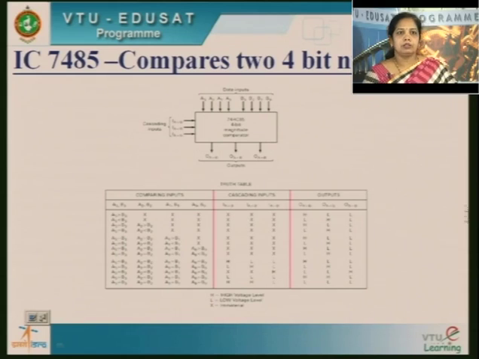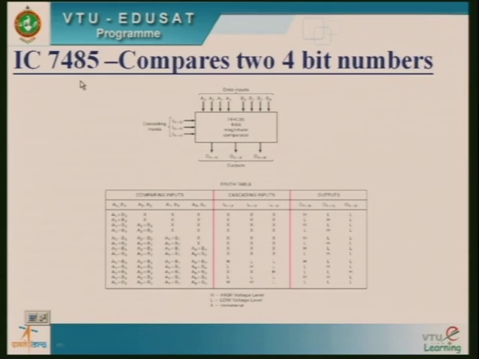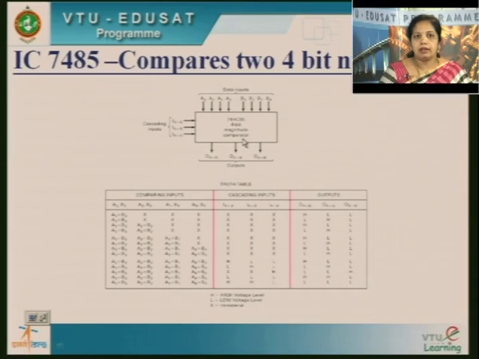The IC 7485 is a comparator which compares two 4-bit numbers. Now let us discuss the operation of this IC. You can see here, this is the 7485 IC, a 4-bit magnitude comparator.